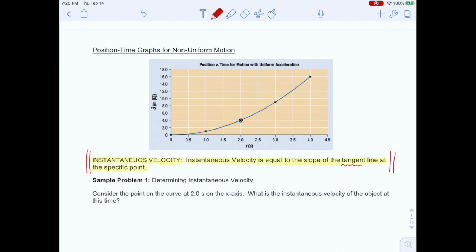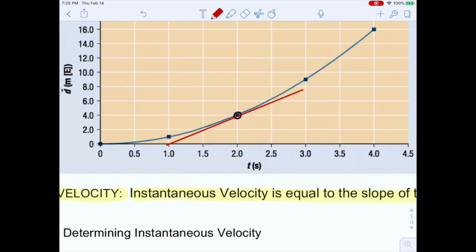And what is a tangent line? Well, the tangent line is a concept in mathematics. It's a line that touches the curve at only one particular point. And we want to draw a tangent line such that it touches the curve exactly at t equals 2.0 seconds, just like this.